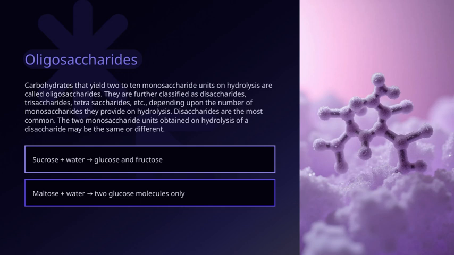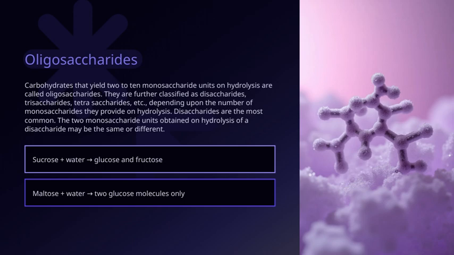Now, oligosaccharides generally refer to carbohydrates that, upon hydrolysis, give us between 2 and 10 monosaccharide units. They can be classified further based on how many monosaccharides they produce: disaccharides, trisaccharides, tetrasaccharides, and so on. Most commonly, we encounter disaccharides, which consist of 2 monosaccharide units.